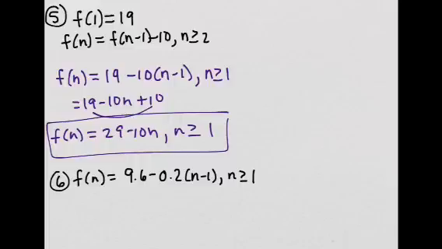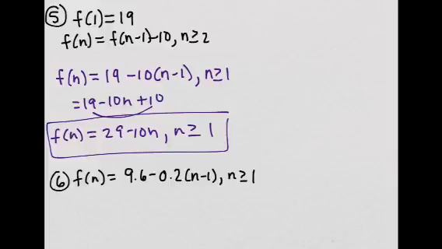Alright, so for number 6, they're giving you the explicit and you're writing the recursive. So based on the way this is written, we see that this is the initial number, the a sub 1, because if you put a 1 in here, you get 0. And that means all this is canceled out. So that's my initial number.